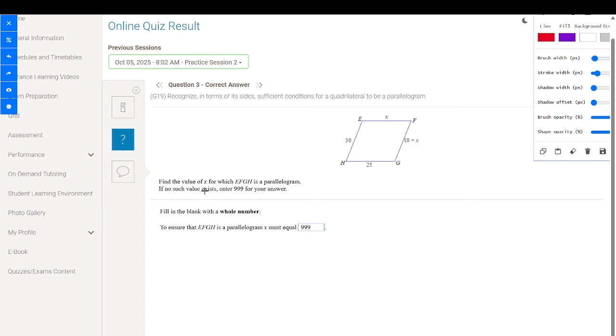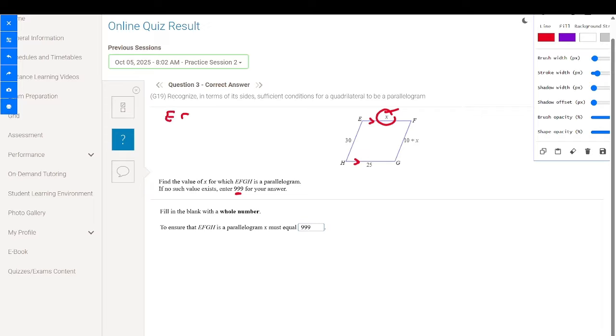Now find the value of x. We need to find the value of x for which EFGH is a parallelogram. If no such value exists, enter 999 for your answer. This is a parallelogram, so that means EF will be parallel to HG and they will be equal.